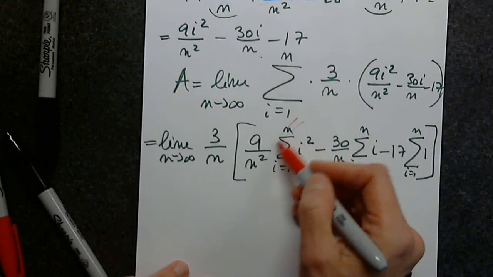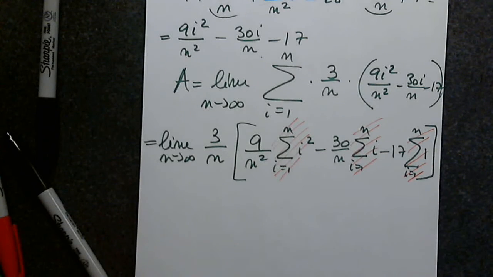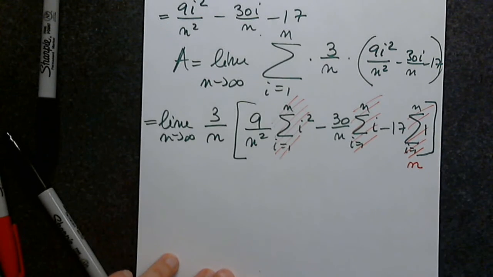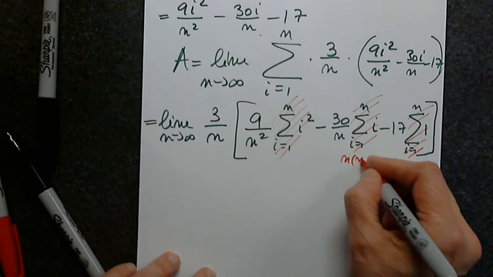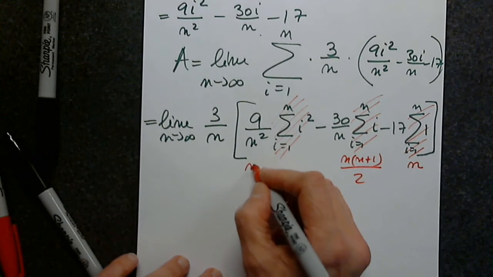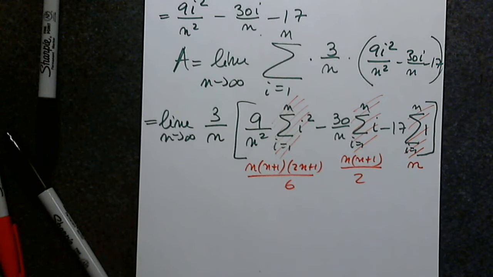Okay, now these have to be replaced by what we know. That's the step in which we don't cross them out. I'm making a point. So this is n. This is n times n plus 1 divided by 2. And this is the ugly one, which is n times n plus 1 times 2n plus 1 divided by 6.